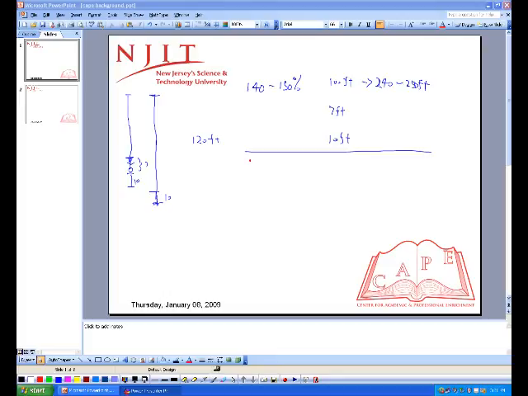First of all, we assume the bungee jumping cord is x feet. Now the cord can actually extend to 140 or 150%, and let's take the safer measure, which is 150%.